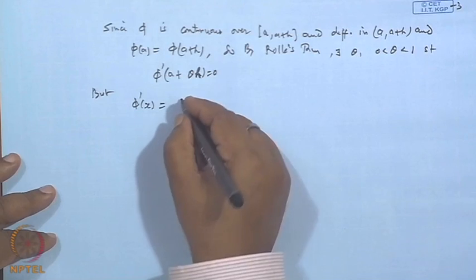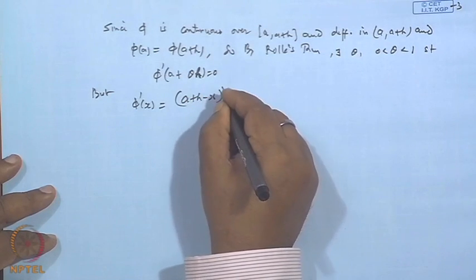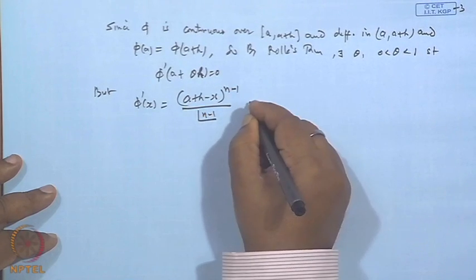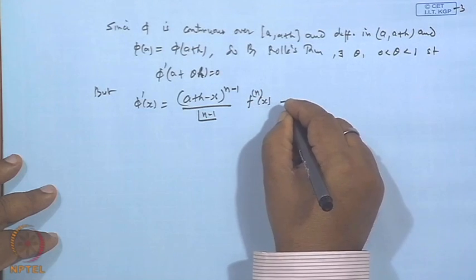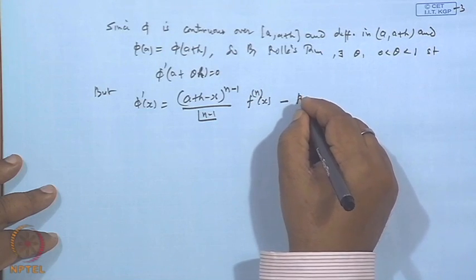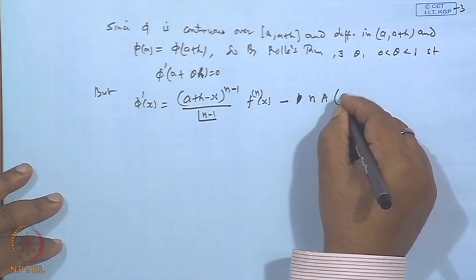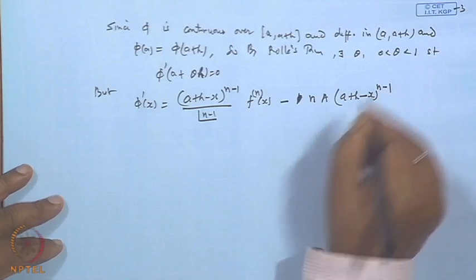So, we finally get (a plus h minus x) to the power n minus 1 by factorial n minus 1 f to the n (x) minus n A (a plus h minus x) to the power n minus 1.